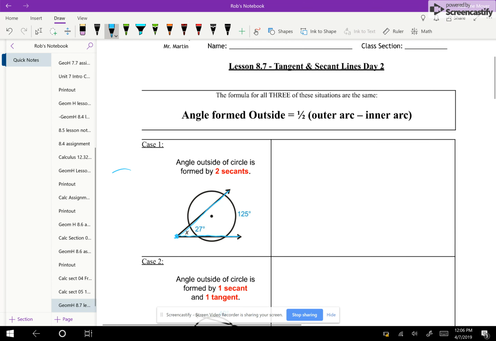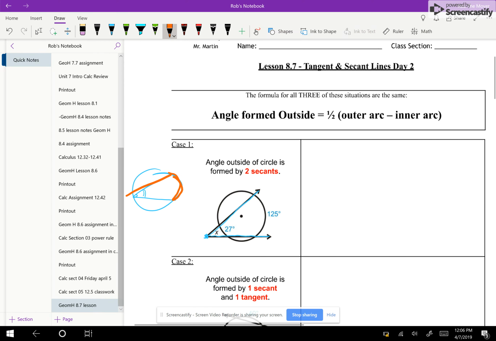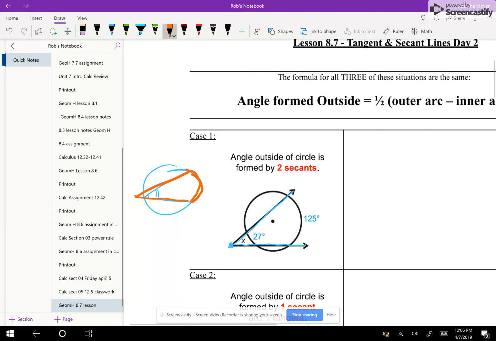Now, remember, if you're just an angle on the circle, this is called an inscribed angle. It is half the measure of this arc. So we know it probably has to do something with half and how this angle is related to these arcs. Once you've made that angle outside the circle, now you've got this other arc involved.